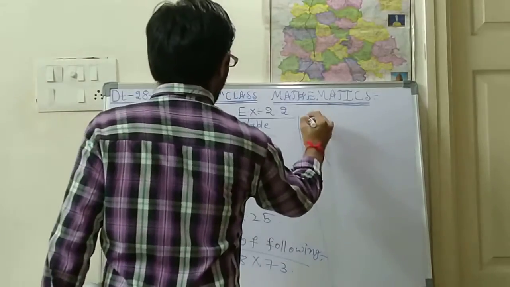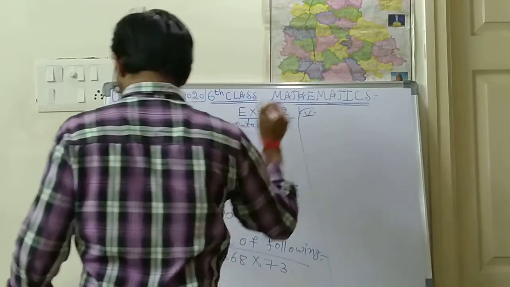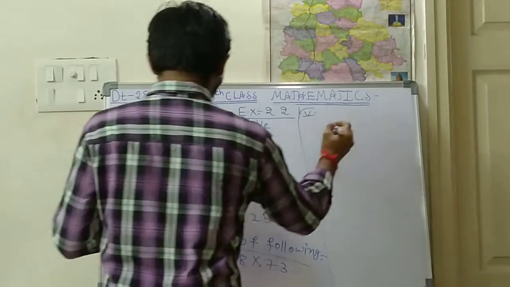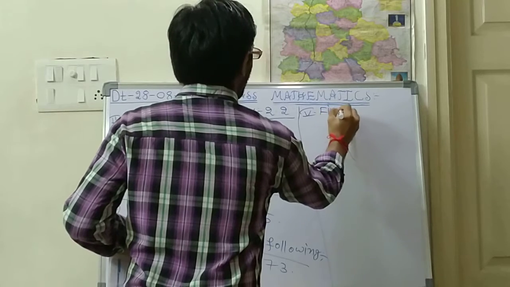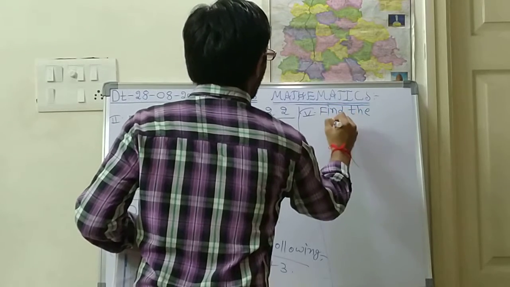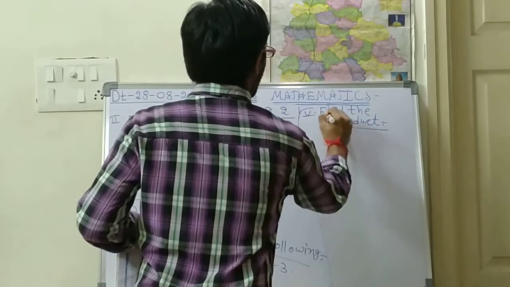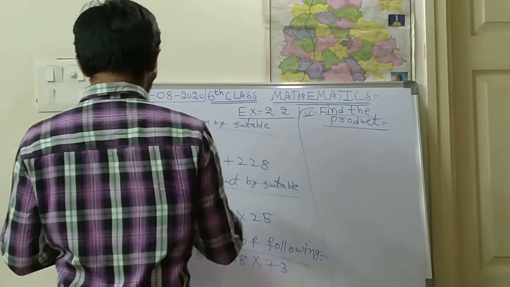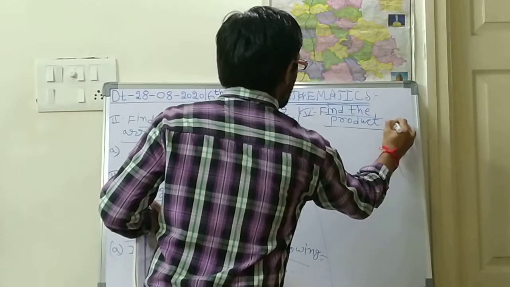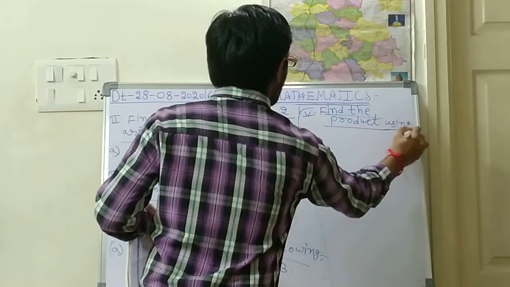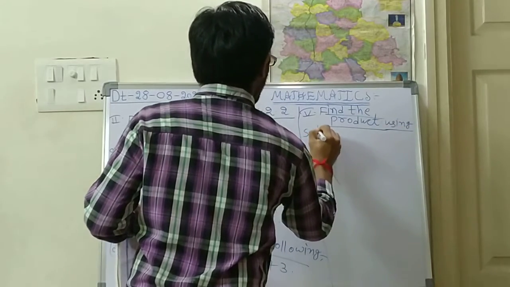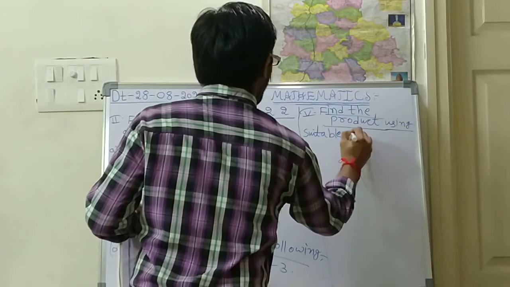Now fifth bit. Okay, very easy, children. Find the product using suitable properties.